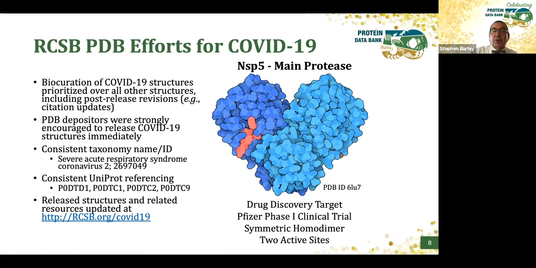Inhibition of this protease or the papain-like protease would be sufficient to stop the infection. And what you can see here in red is the 3D structure of a bound inhibitor. This is sitting in the active site, blocking it, rendering the enzyme inactive. You see on this face of the dimer, the inhibitor is very easy to see.